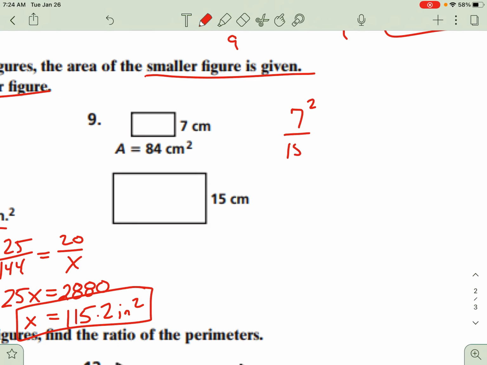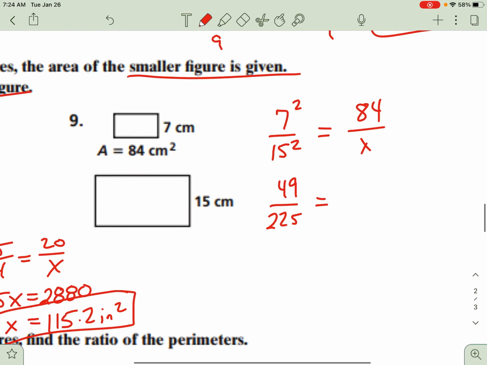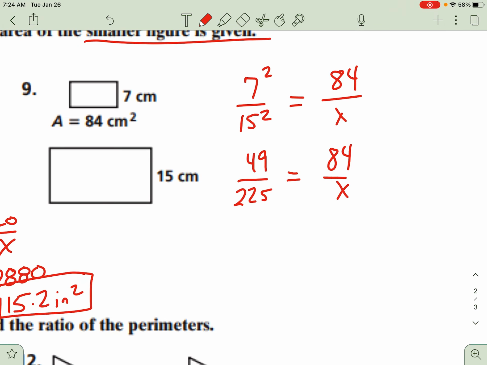Same thing here. Okay, so ratio of their sides, 7 squared over 15 squared. And again, we're squaring them because we're looking for area. Small over big. Okay, so 49/225 equals 84/x.